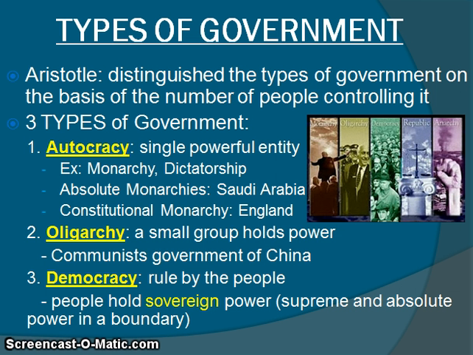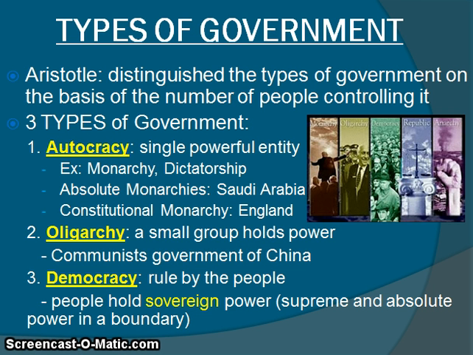All right, the next thing we're going to talk about is types of government. And this is really how Aristotle distinguished between the different types of government. And he looked at the number of people controlling it. There are 3 types of government that we need to look at. Number 1 is autocracy. Autocracy is where a single entity, so in monarchies or in dictatorships, it could be a person.